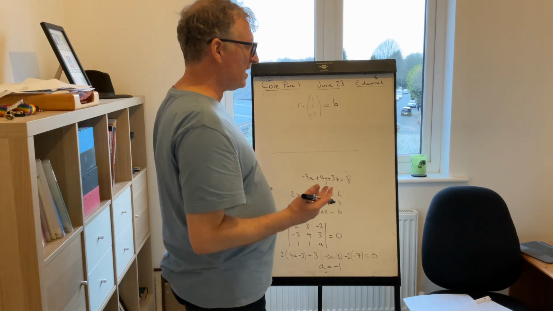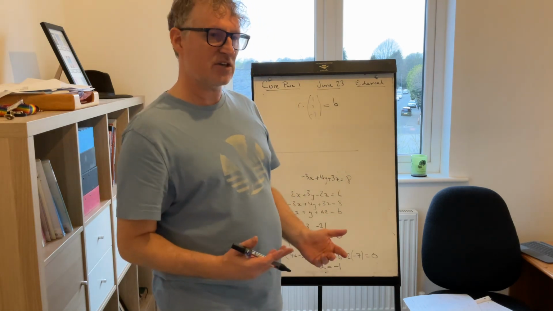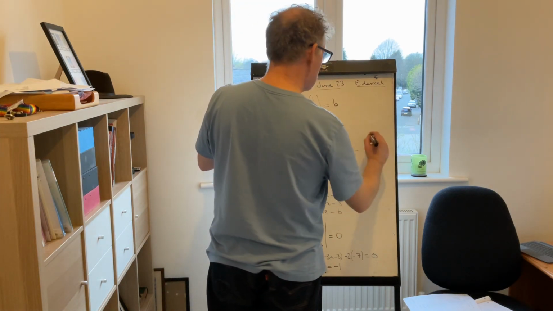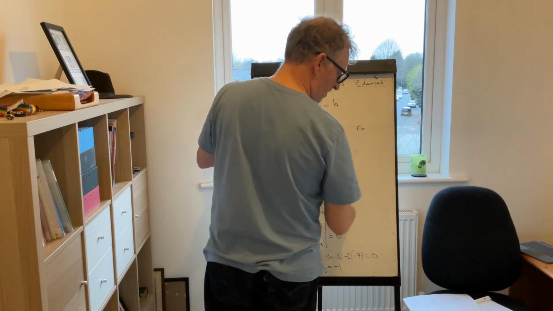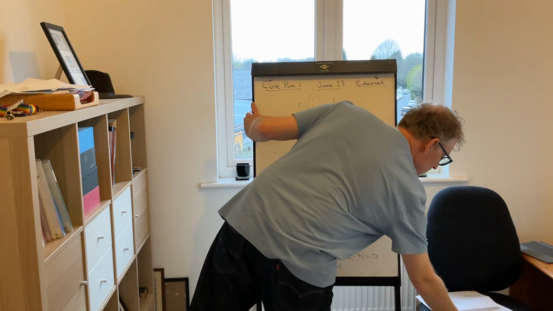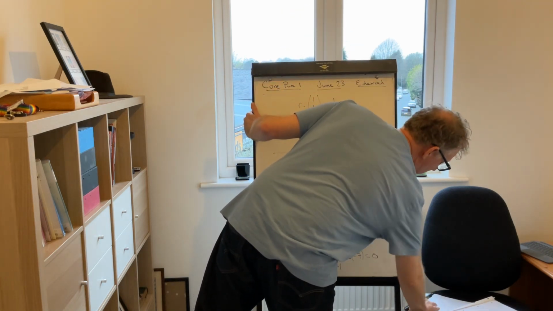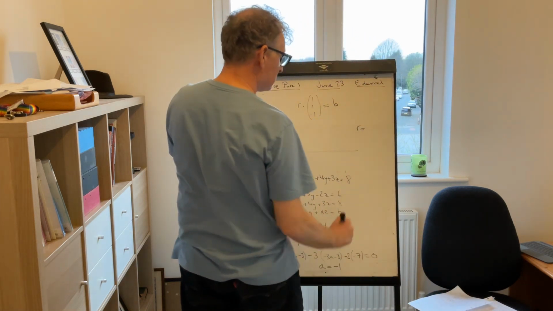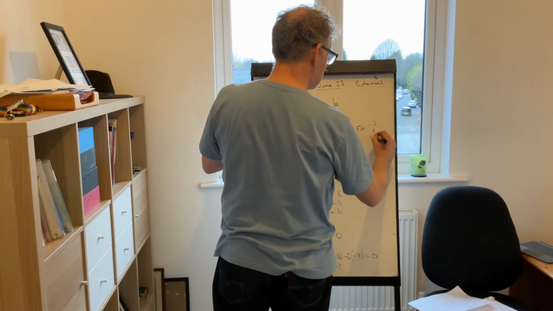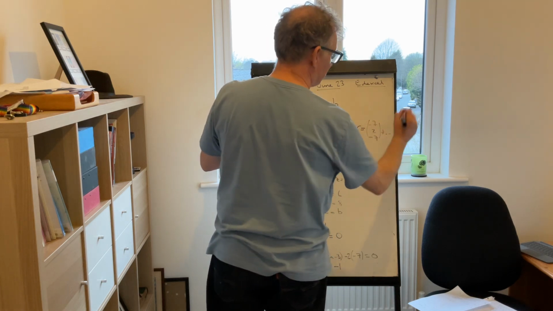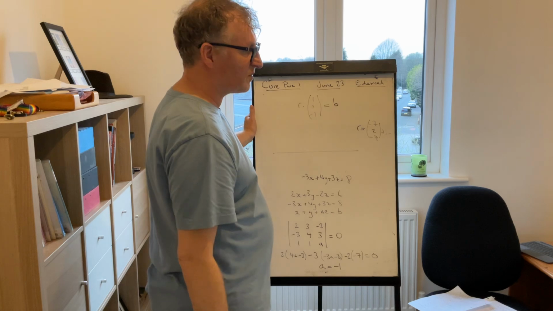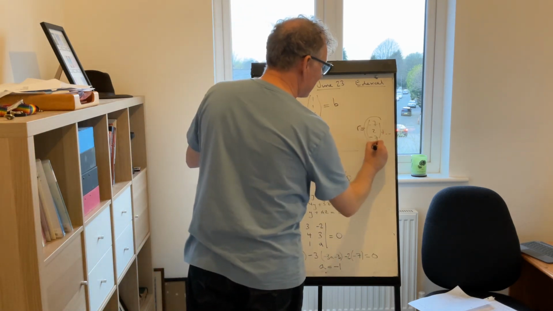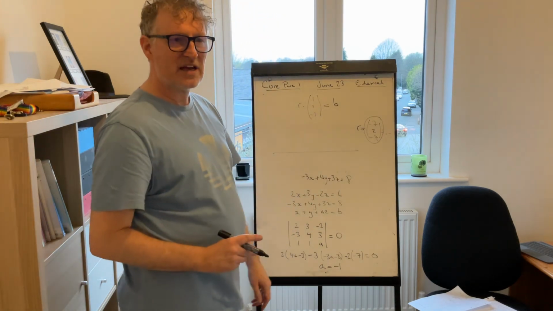We worked out in part C, I think it was, that r = (-7, 2, -7) plus something else. I've forgotten what the other bit was, but it doesn't matter, because (-7, 2, -7) is a point on the line of intersection.